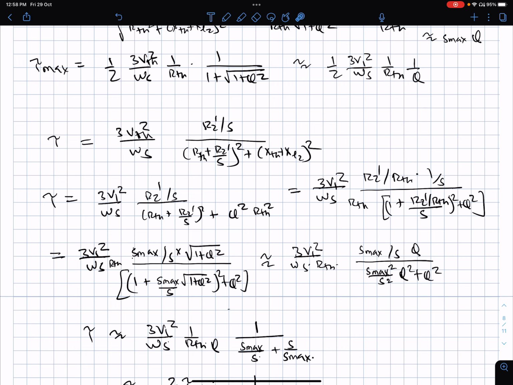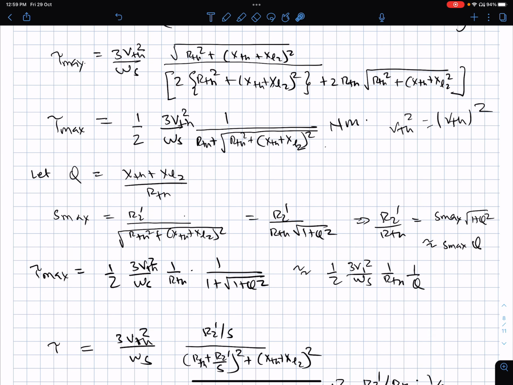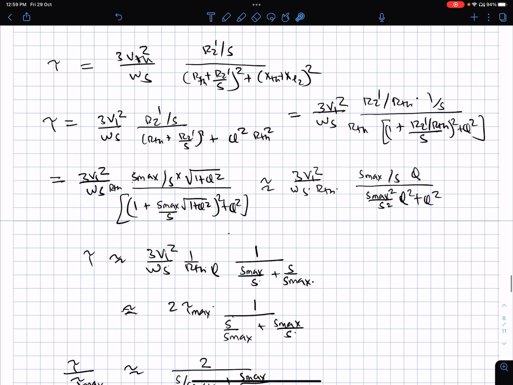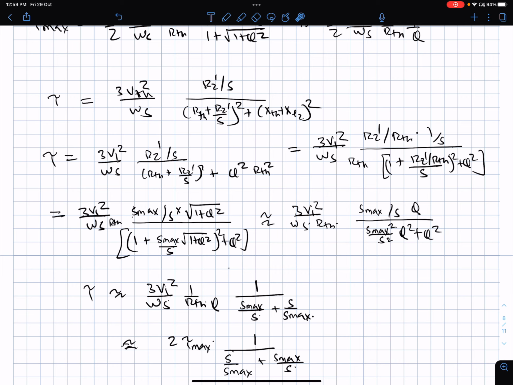So I am keeping 1 by R Thevenin here, and pushing 1 R Thevenin on the numerator by writing R2 dash as R2 dash by R Thevenin, and then separating this term 1 by s here. And for R2 dash by R Thevenin, if you recall, I had already written everything in terms of the Q factor. This is S max times Q. So I make those substitutions here.